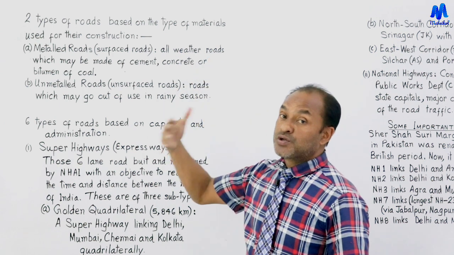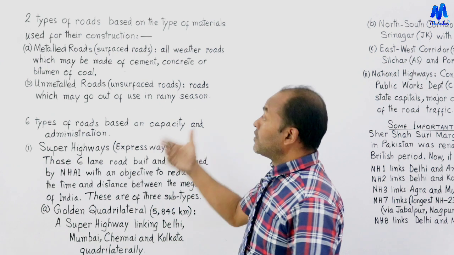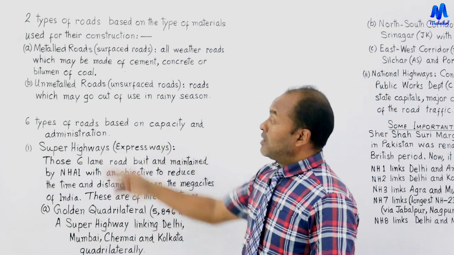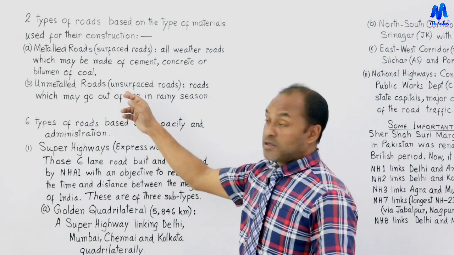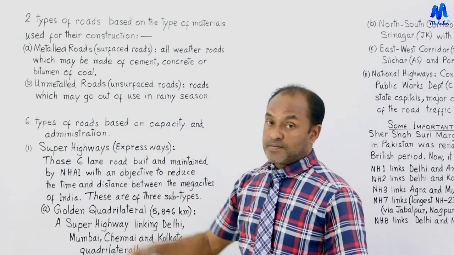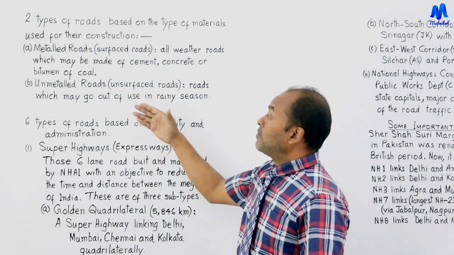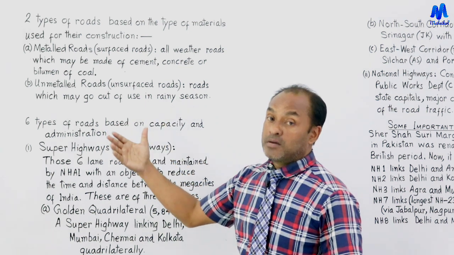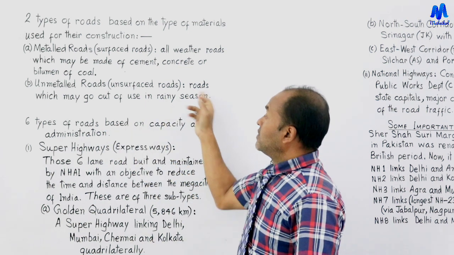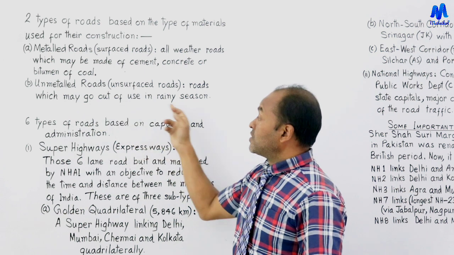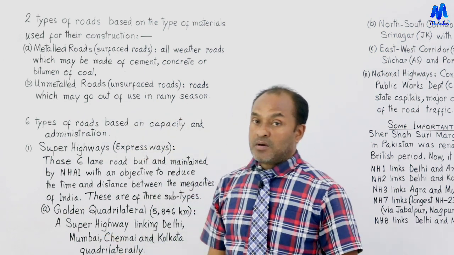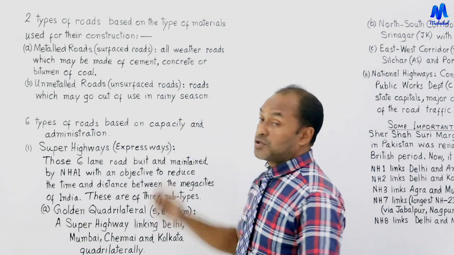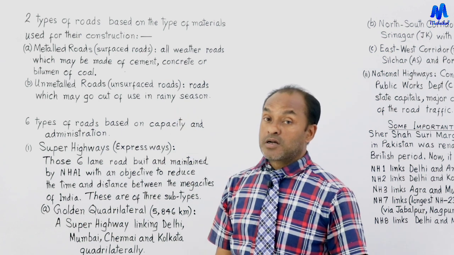They may be used in any type of weather. Okay, and the second one is unmetalled roads, and these are unsurfaced roads, meaning they are made of only stone or mud, like that, and roads which may go out of use in the rainy season, which cannot be used properly in the rainy season due to their muddy condition.